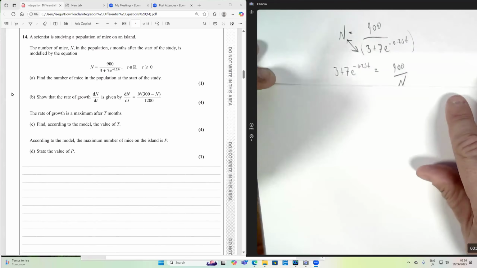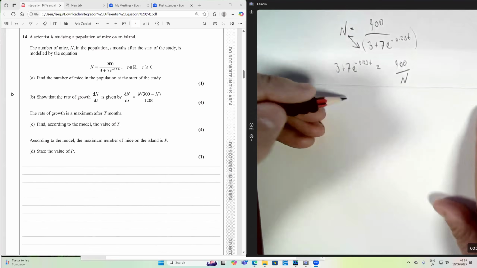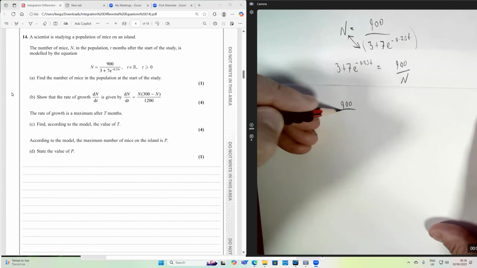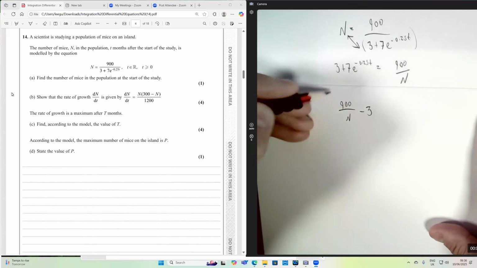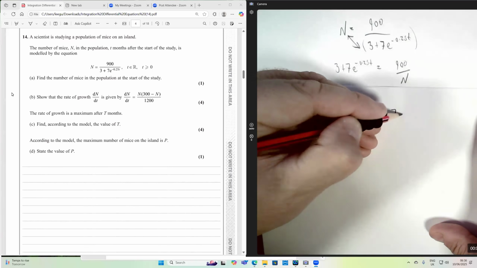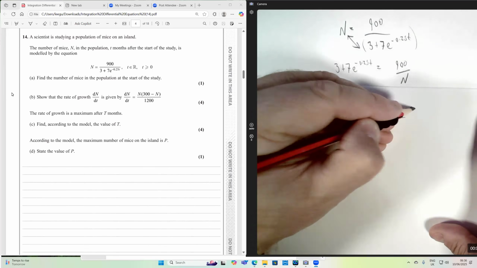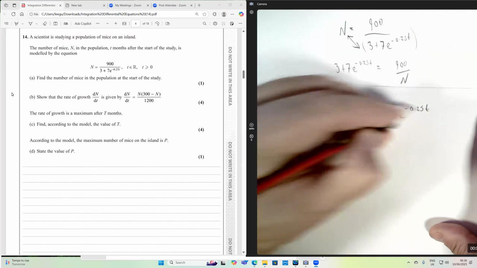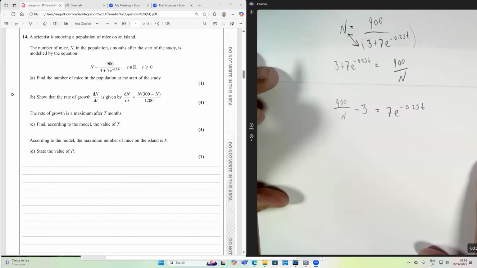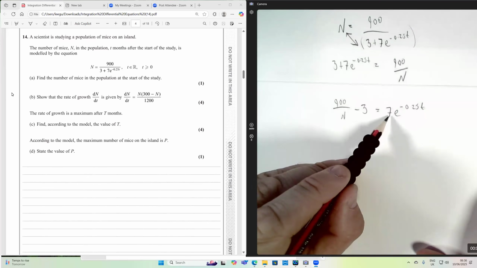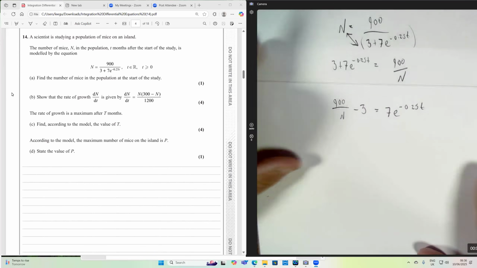So we subtract 3 from this. This gives us now 900 over n minus 3 is equal to 7 e to the minus 0.25t.